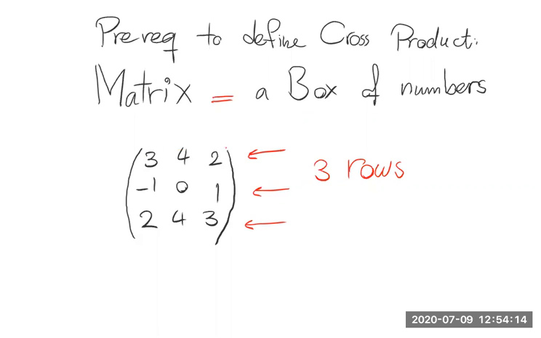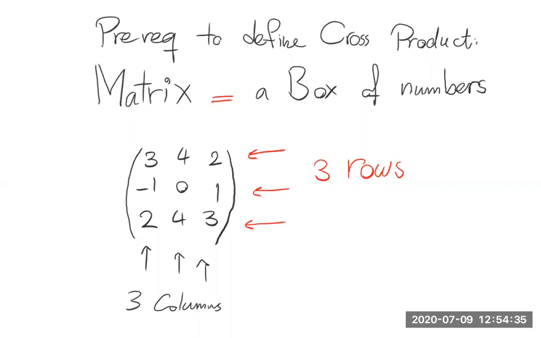It also has 3 columns, right? The first column is 3, -1, 2. The second column is 4, 0, 4. And the third one is 2, 1, 3.